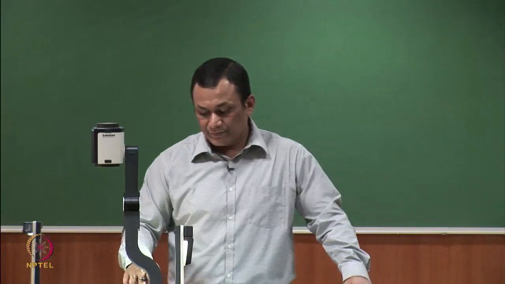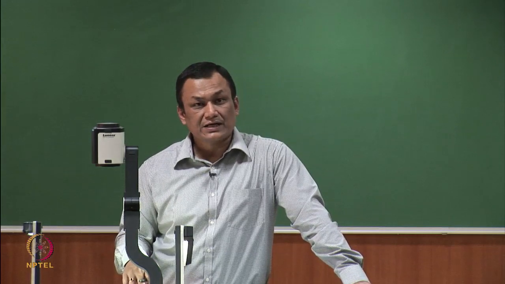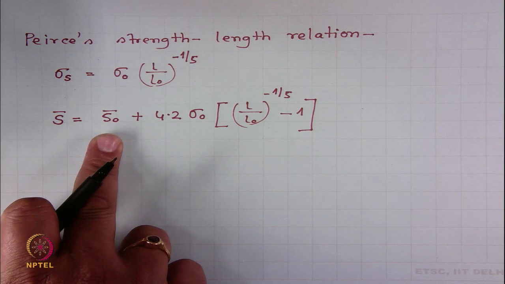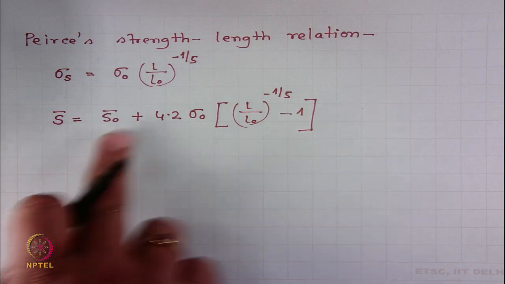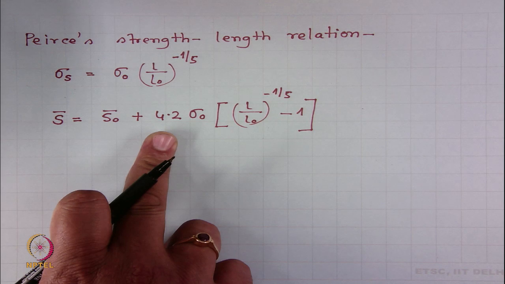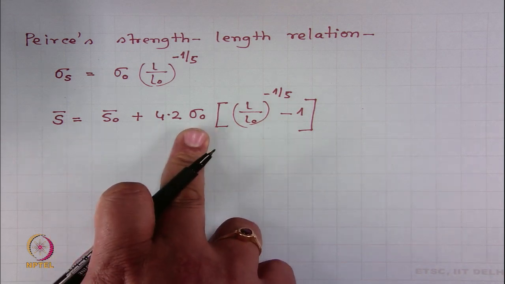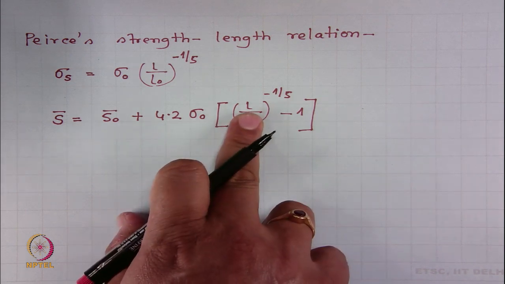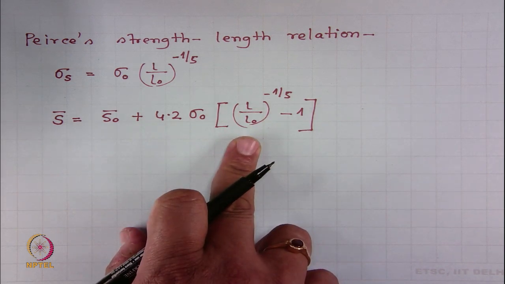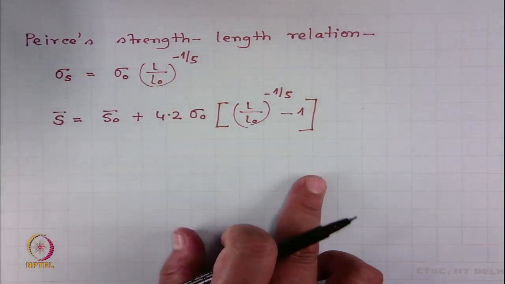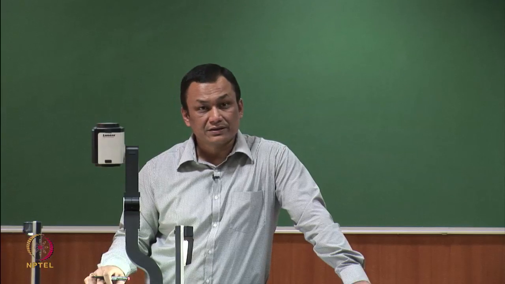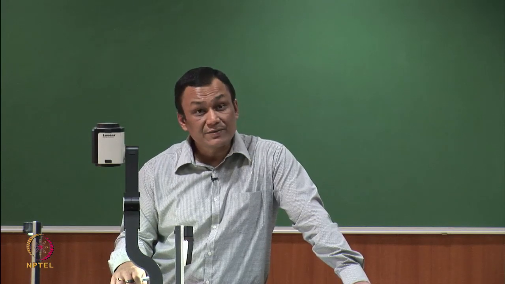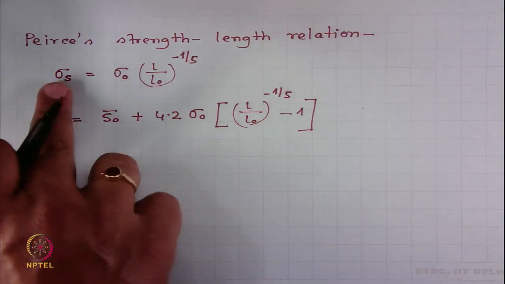The bottom one is the mean strength at longer gauge length L, and this is the mean strength at shorter gauge length L naught. 4.2 is a multiplying factor here into the standard deviation of strength at smaller gauge length. L is the longer gauge length, L naught is the smaller gauge length. So, this characterizes the mean strength at longer gauge length, and the top one characterizes the variability of strength at longer gauge length.